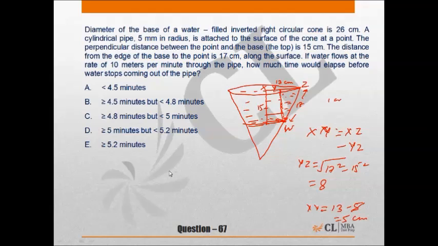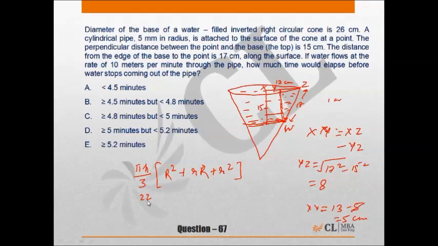So we can calculate its volume as pi h by 3, where h is the height of the frustum, capital R square, radius of the upper surface, plus small r, radius of the lower surface, into capital R plus small r square.